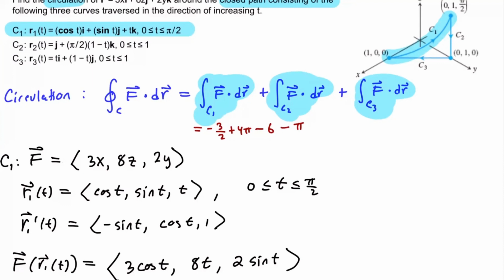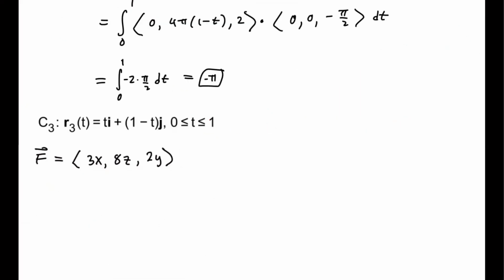Now we need to finish up one more integral, which is this one. So I'm going to rewrite R3 in this way. R3 of t is equal to: the i-th component is t, the j-th component is 1 minus t, and the k-th component is 0.